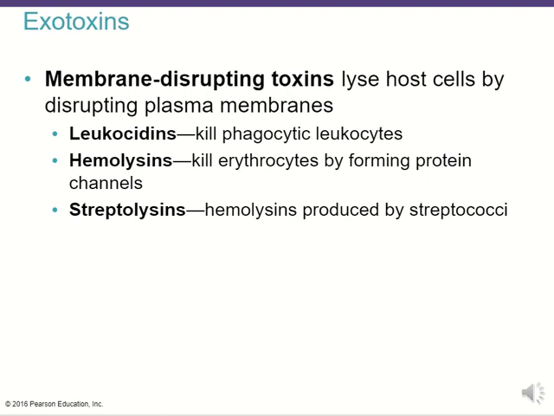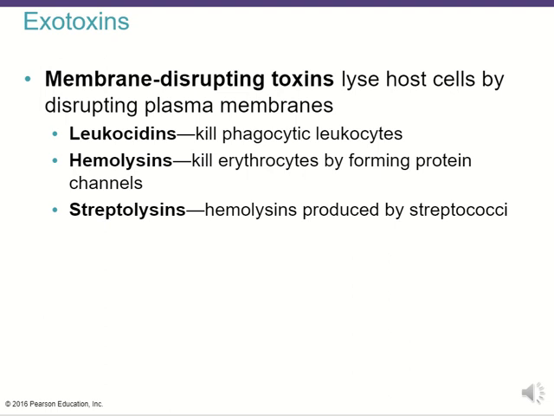There are leukocidins, which kill phagocytic leukocytes, or anything that essentially engulfs that toxin. There are hemolysins that kill erythrocytes, blood cells, by forming protein channels that cause the cells to leak out.